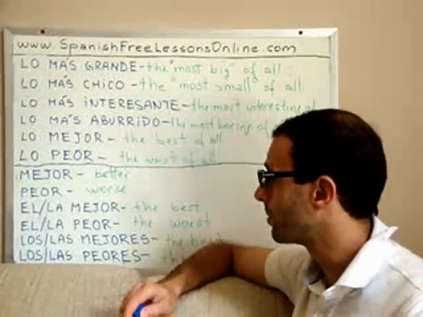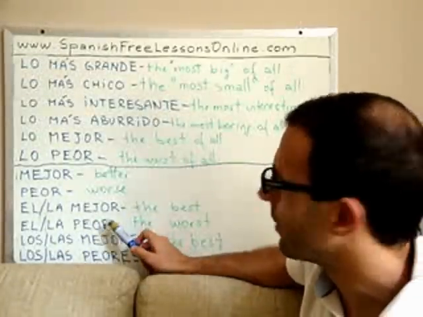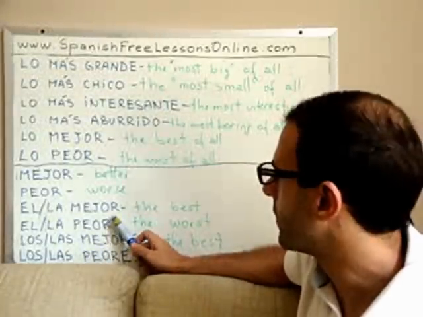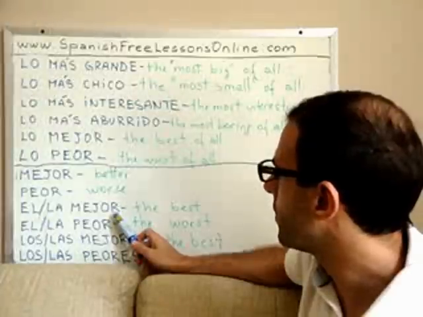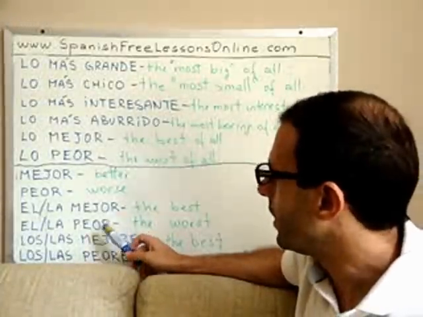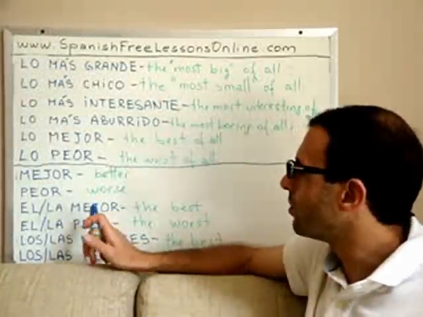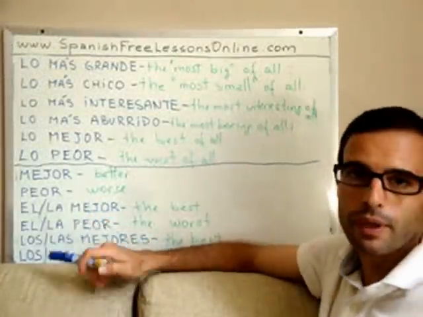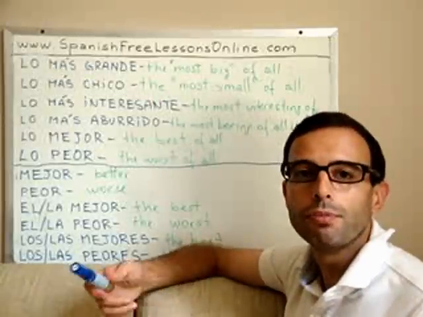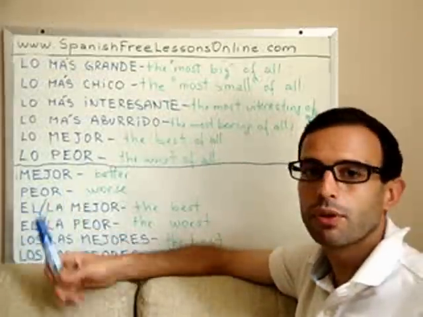A feminine object. Mejor is an adjective that does not end in O, right? It is not converted to masculine and feminine. So you don't say la mejora. Mejora means improvement. It is a different word, it's not the adjective mejor.